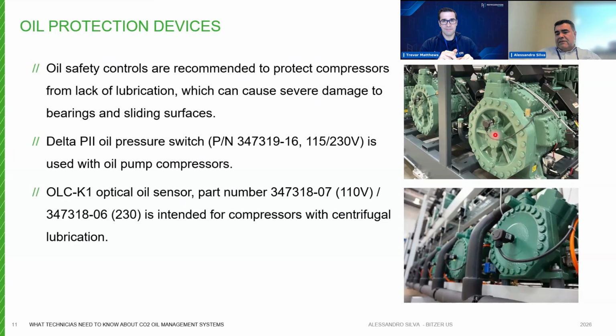As a result, we can damage a compressor even if you have enough oil, even if the oil level controller is telling you to continue operating, but in reality it is missing oil for the moving parts.